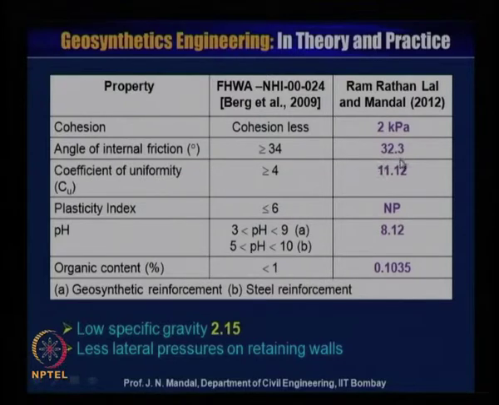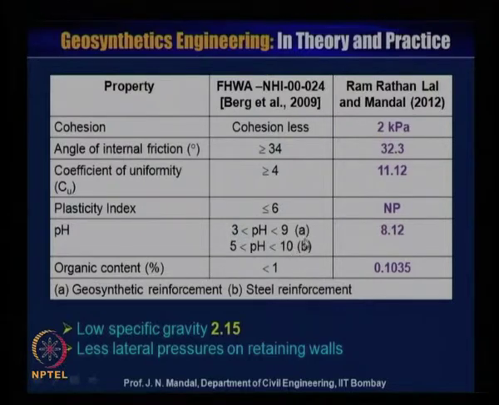The angle of friction should be greater than or equal to 34, and we have about 32.3. The coefficient of uniformity should be greater than or equal to 4, here it is 11.12. The plasticity index should be less than 6, it is non-plastic. The pH value, which is also important, should be greater than 3 and less than 9 in case of geosynthetics as reinforcement, while in case of steel reinforcement a different range is used.